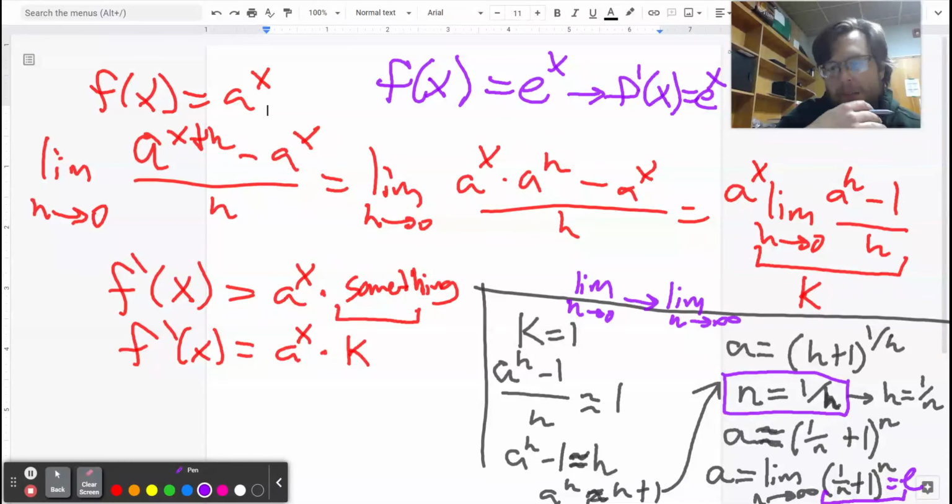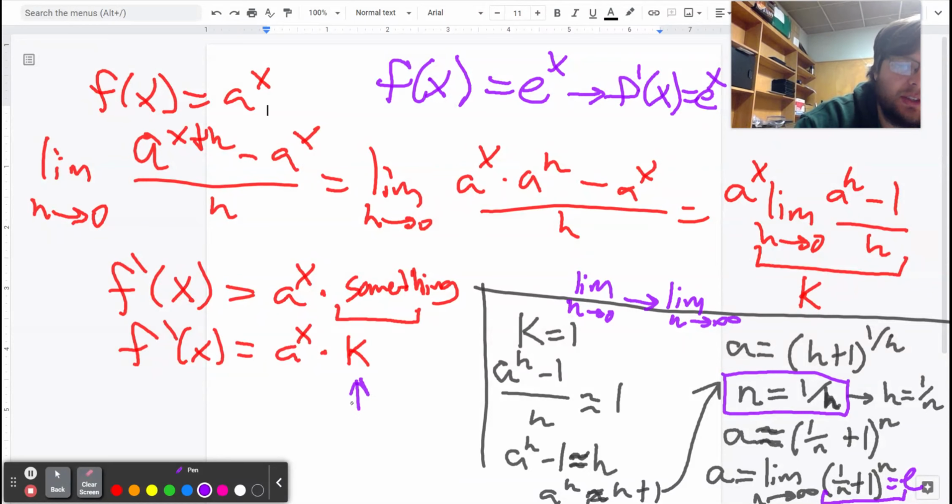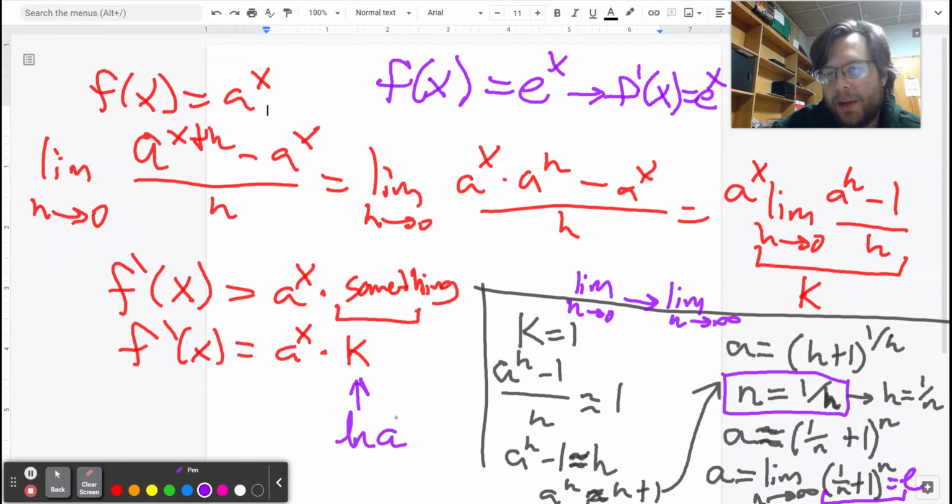Now, what ends up happening in general is that the k value turns out to be the natural log of a. That comes from the same idea, and it's a little bit beyond the scope of what I wanted to show you here, but it comes from the same idea that you are multiplying by a constant and that the number e is involved in determining how big that constant is.